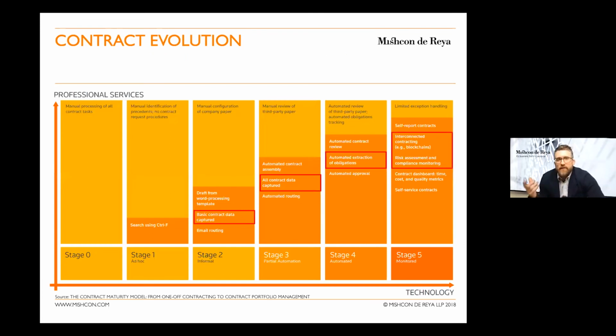So when I look at the sort of contract evolution or maturity here, this is from a publication sourced at the bottom. Where have we managed to make progress to date? Well, we have started to think in some detail about how the data gets into a contract and, given the commercial clients we represent, what sets of data are important for the contracts that they use for facilitating their lines of business.